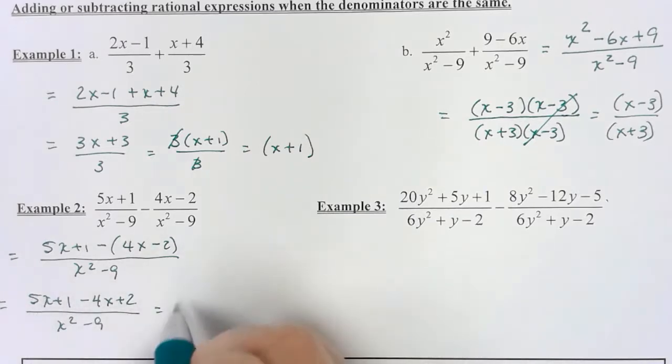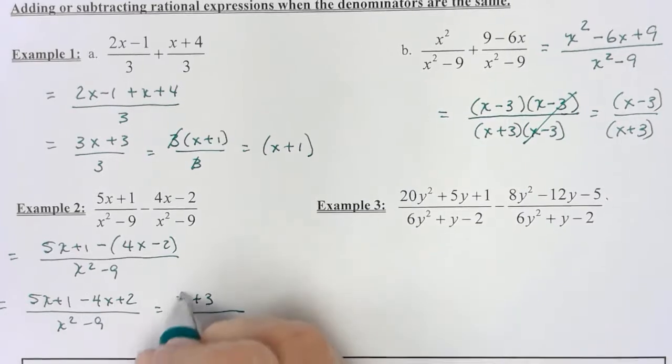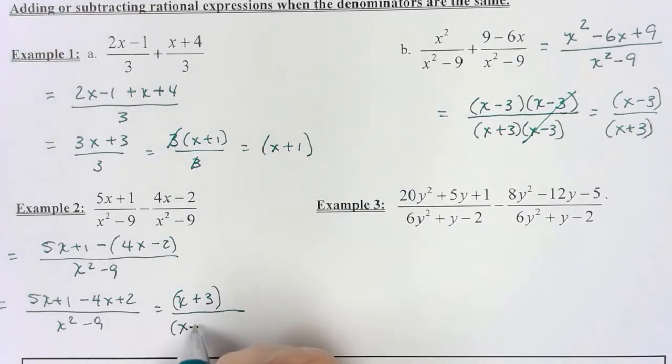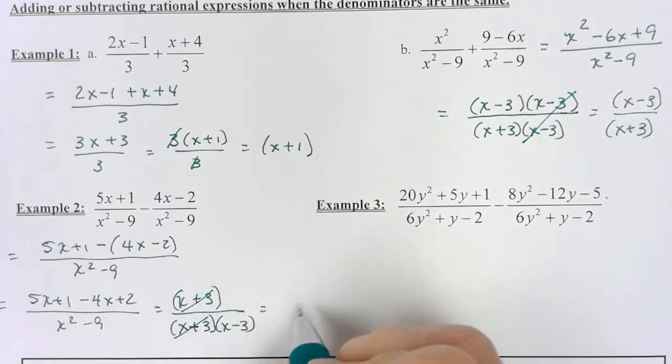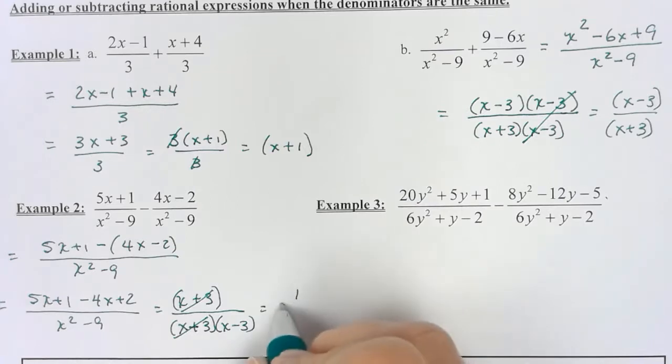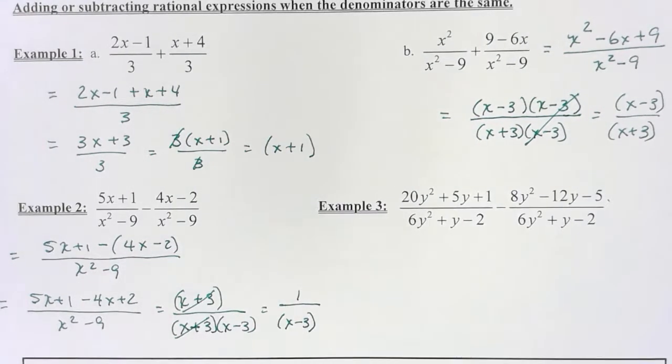That will give me x plus 3. I'm going to go ahead and factor the denominator because the numerator can't go any further. Since the numerator canceled out completely, there is a 1 that we have to put there. So that's my answer for that one.